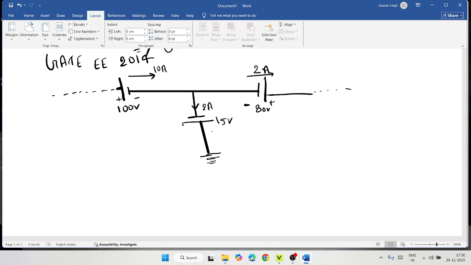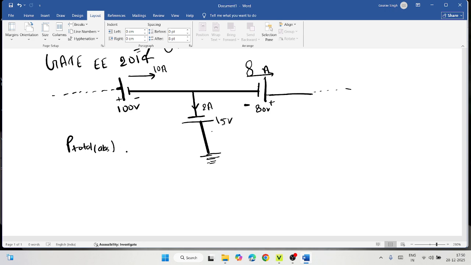One second. So the question says, what is the total power absorbed?